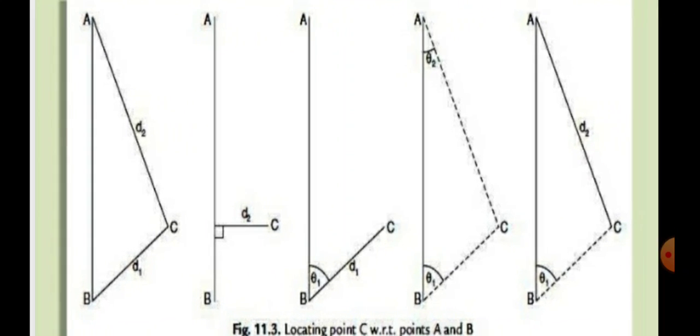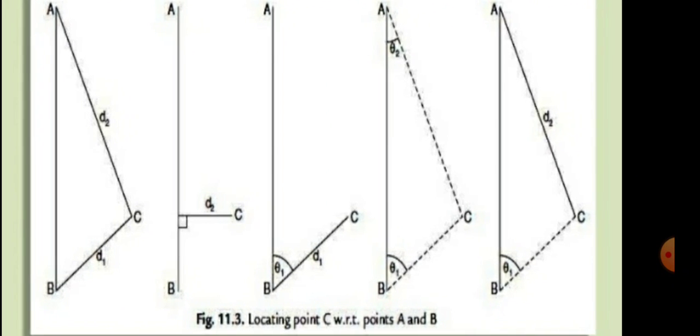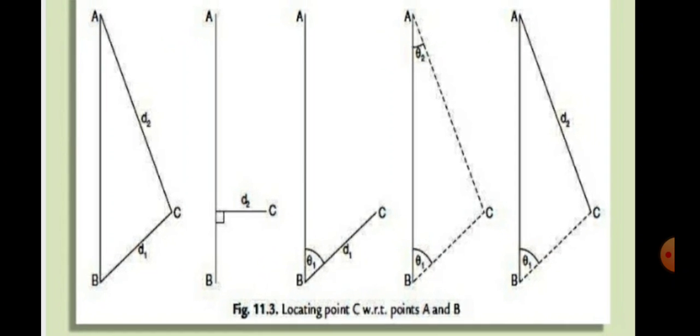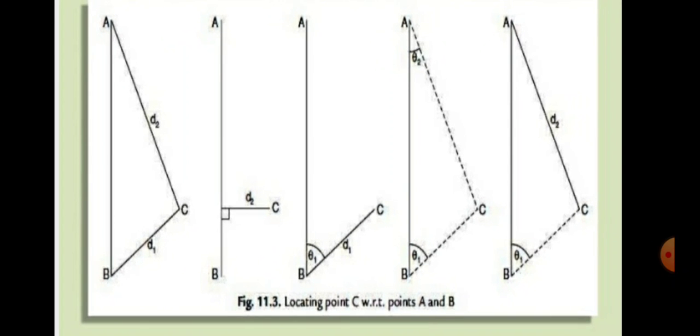Next is D. In this, two angles can be considered, either CAB or CBA, theta 1 and theta 2. Both the angles are taken and correlated at a single point, and that gives the location of reference point C. And then the last one: distance AC is calculated by some distance measurement, that is D2, and theta 1, either angle ABC or CBA, can be calculated by some angle measurement.